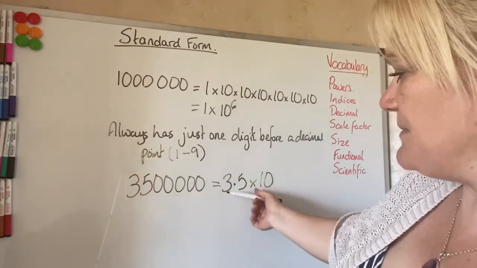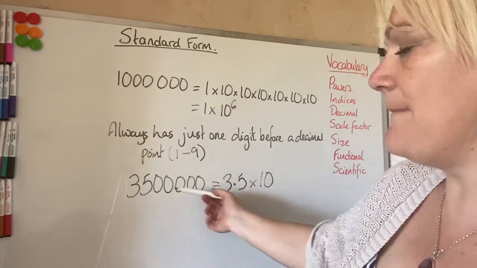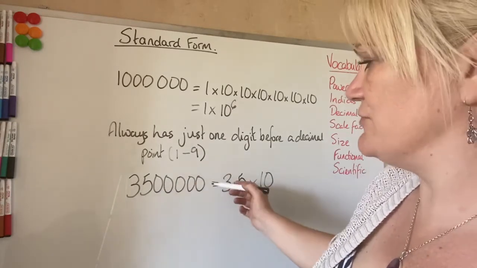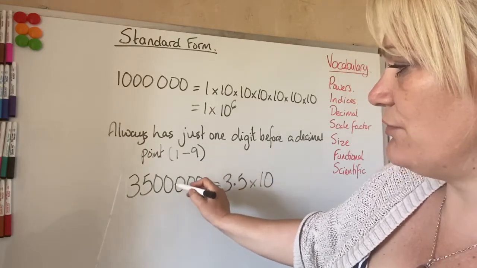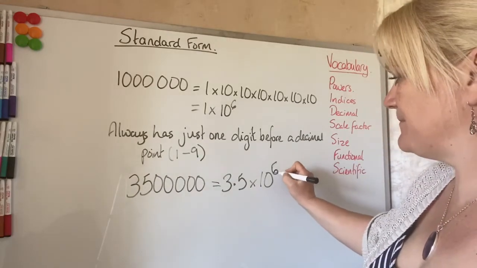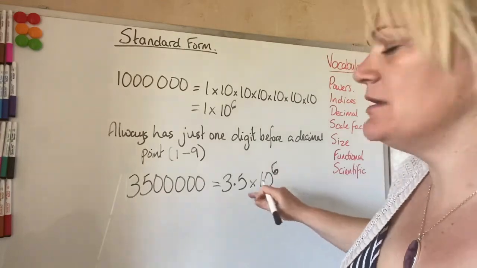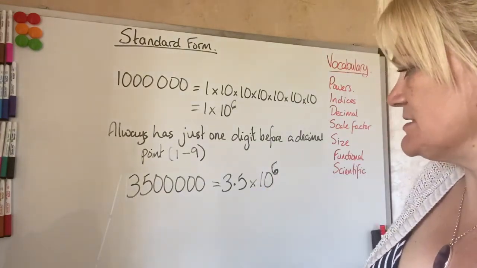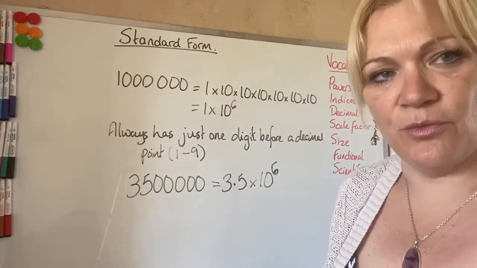Well, what would I multiply 3.5 by to get 3,500,000? I'd multiply by 10, 1, 2, 3, 4, 5, 6 times. The 3 times 10 to the power 6 would give me 3 million, 3,500,000. So that would be this number written in standard form.